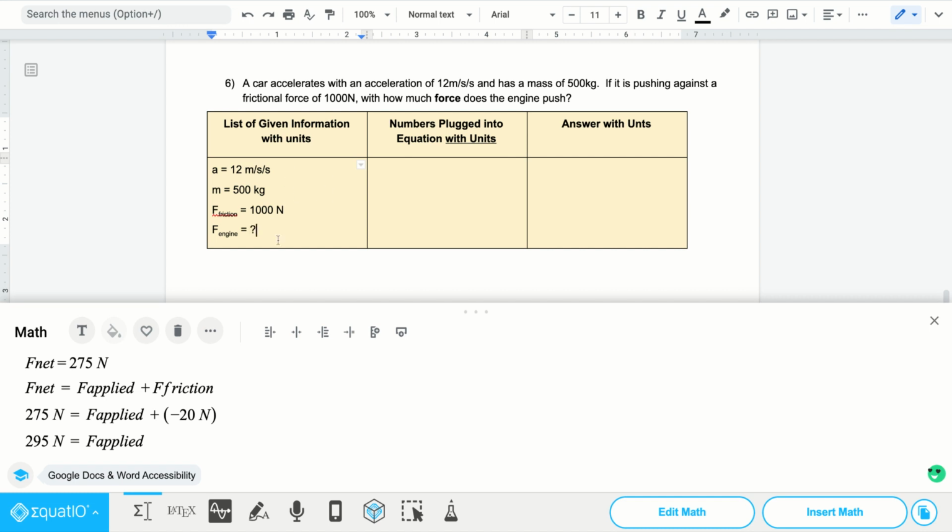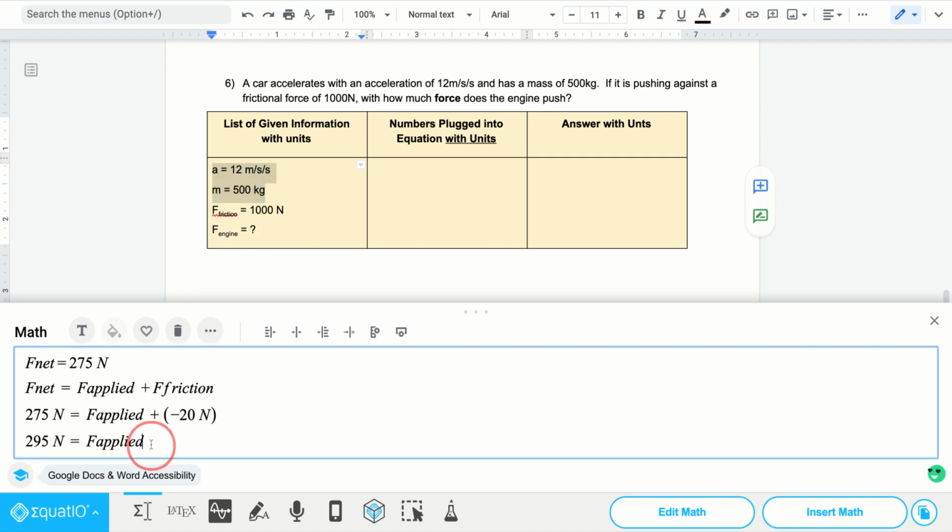Okay, so this is similar to the biker question, where we will figure out the net force required to accelerate the car at that rate, and then take into account the frictional force in order to figure out the engine's force.